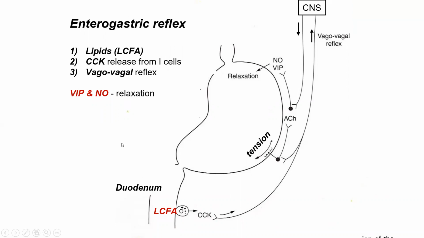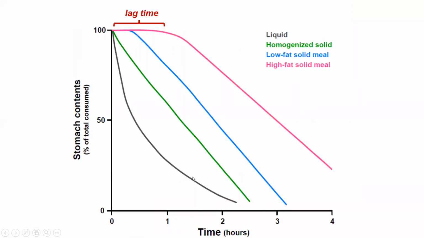Okay. Thank you. This is the last slide, guys, and it's a very easy slide. It just says, basically, liquids are very, very rapid to get emptied from the stomach. And if you look in here, it takes 2 hours to release this. It's very rapid.